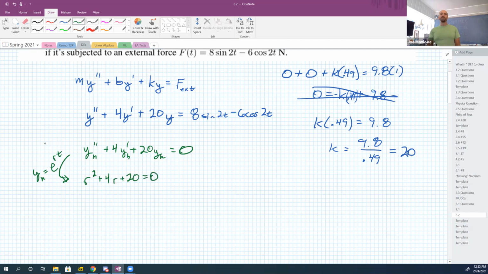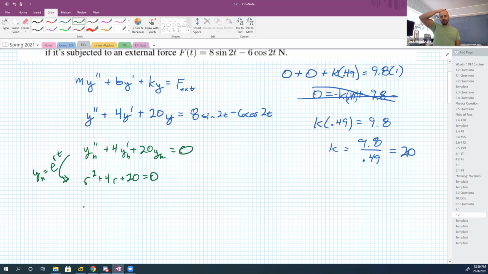Just because some people are a little bit lagging on their work, here's what I'm doing: I'm substituting in e to the rt, then taking two derivatives, plugging it in, and dividing by e to the rt. I'm going to end up with this quadratic equation that I can actually solve. Oh, I just advertised that I can solve that.